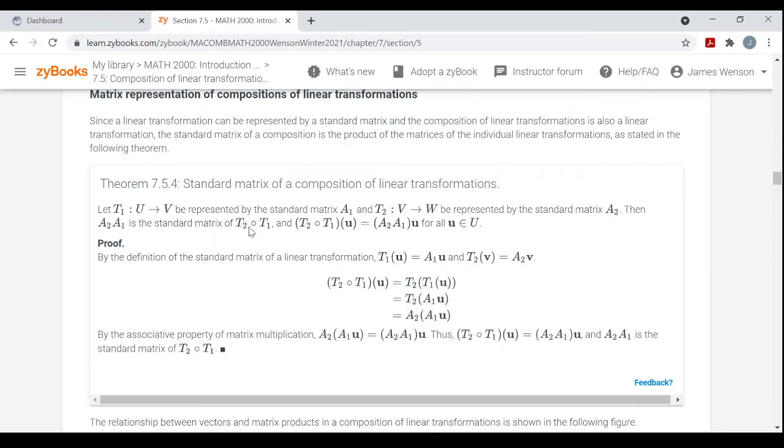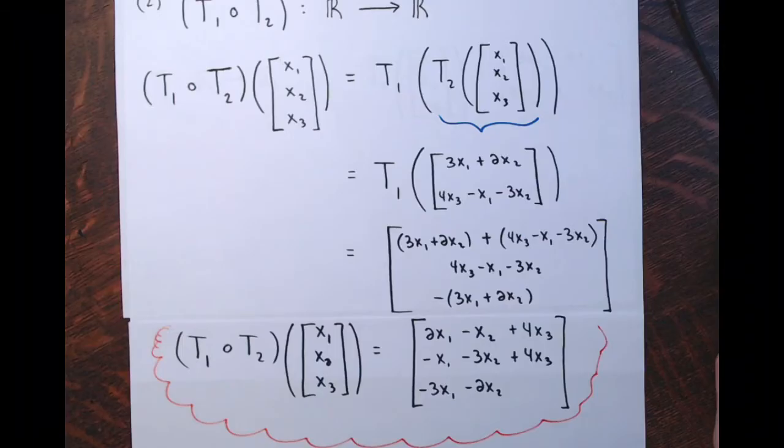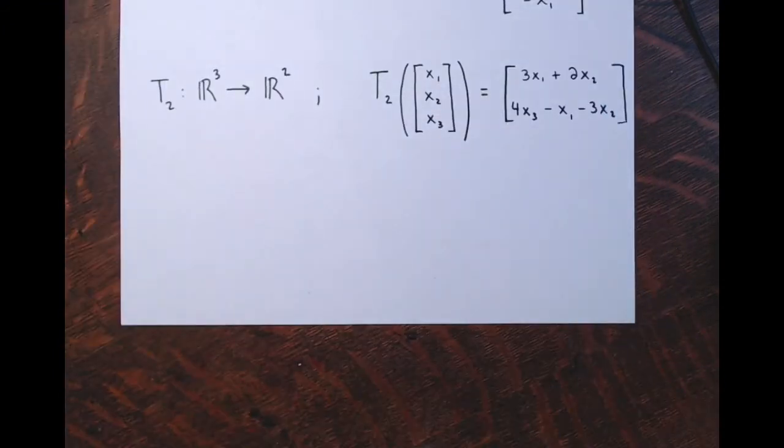Then the composition T2 composed with T1 would simply have a standard matrix A2 times A1. You just multiply the standard matrices in the same order as the composition. You can look through the proof, but let me show you an example with matrices. So back to the same transformations here.